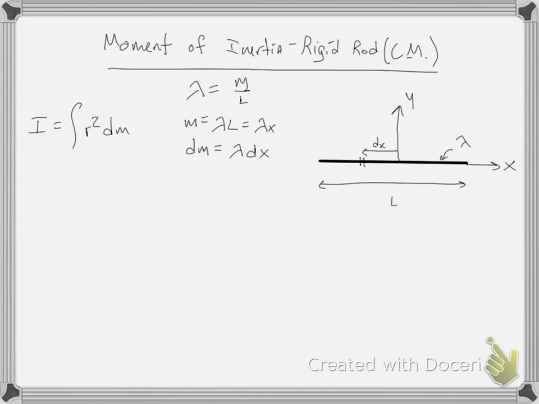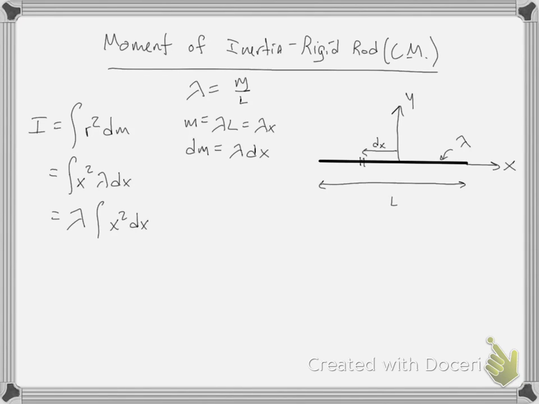Now taking dm and plugging that into our integral, we have integral r squared lambda dx. Pulling out the constant lambda, I need to change that r, which is a placeholder for a distance. In this case we are integrating in the x direction, so that r becomes x. So now we have x squared dx.